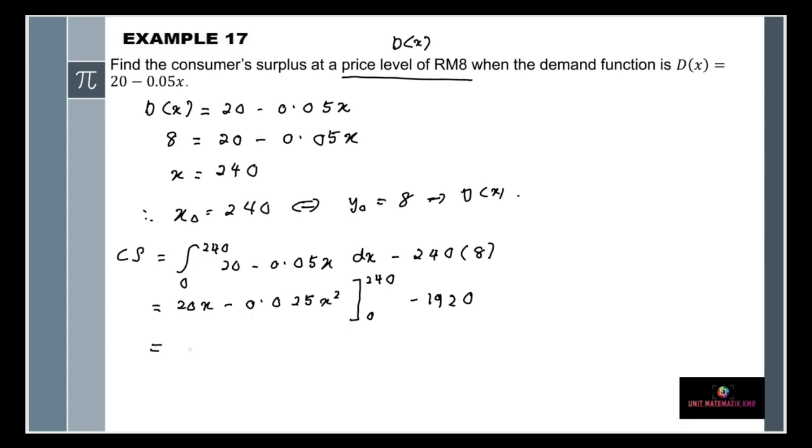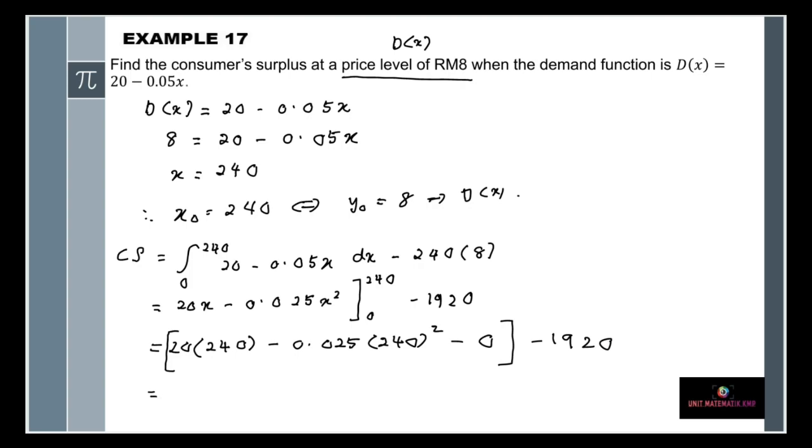We should have 20 times 40 minus 0.025 times 240 squared minus 0. If I substitute 0 in this function, I get 0. To be safe I put this in, though it is not compulsory, minus 1920.